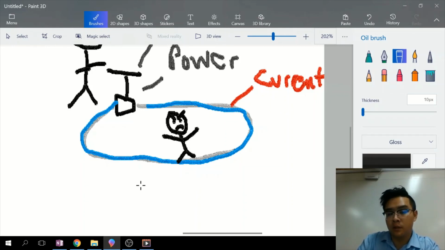Probably not as well. So this guy stepping on my hose is putting resistance to the water. It's stopping the water from flowing through my pipes. So if I said resistance in an electrical circuit, it's basically saying, what are you doing to the circuit to stop the flow of electrons?